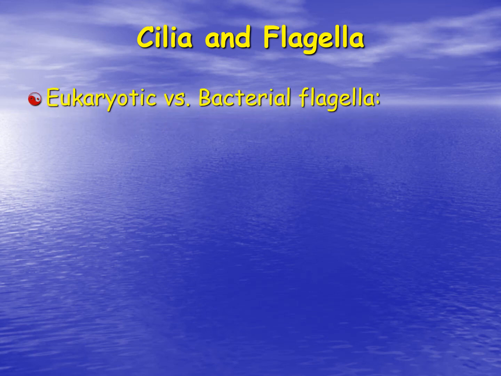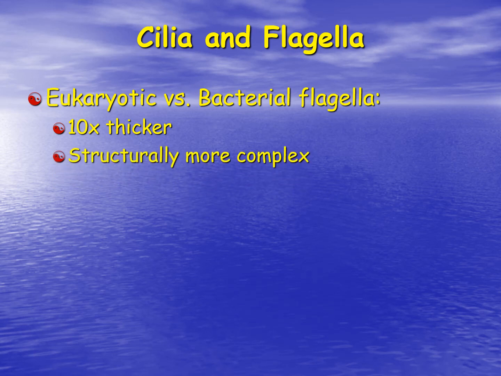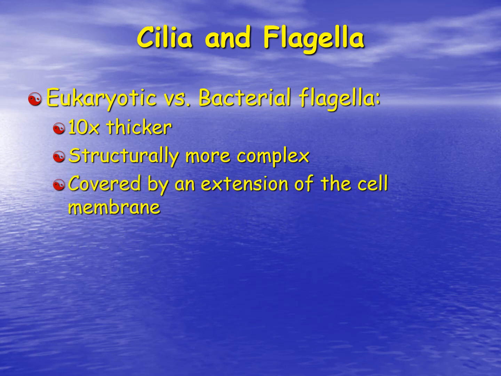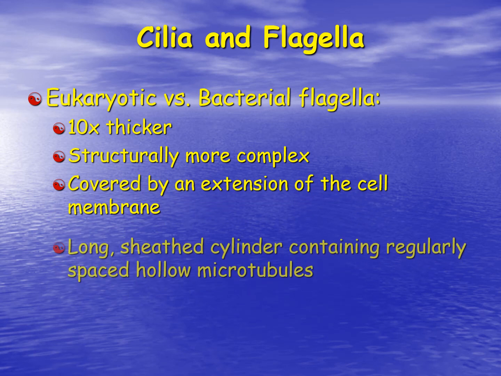The eukaryotic versus bacterial flagella: the eukaryotic flagella is much thicker, almost 10 times thicker. It is structurally more complex. It is covered by an extension of the cell membrane itself.